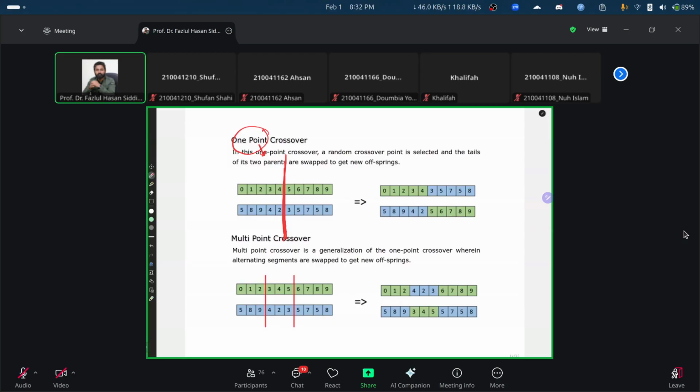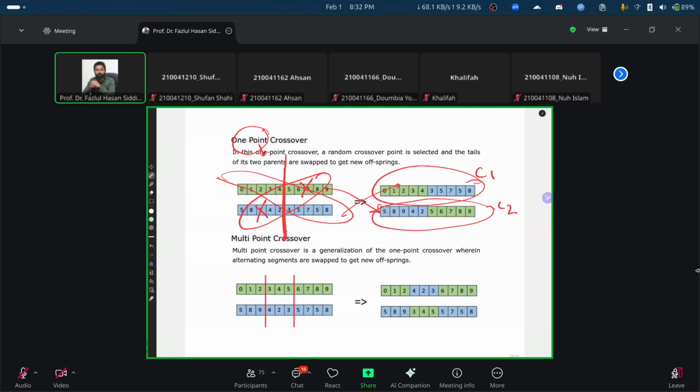It could be the case that the second part of the first solution is bad, and the first part of the second solution is bad. Sometimes these two bad parts can form a good child, and the other good subsets of the solutions will produce another child, and maybe in this case child one and child two are both of better quality than the previous parents.